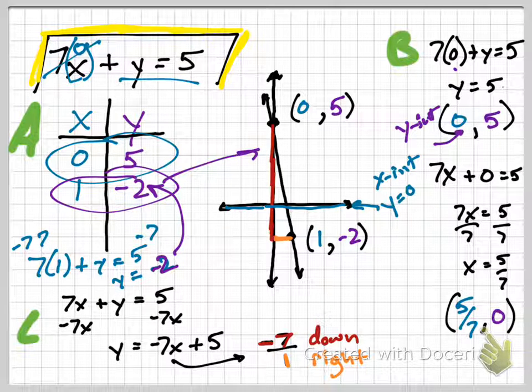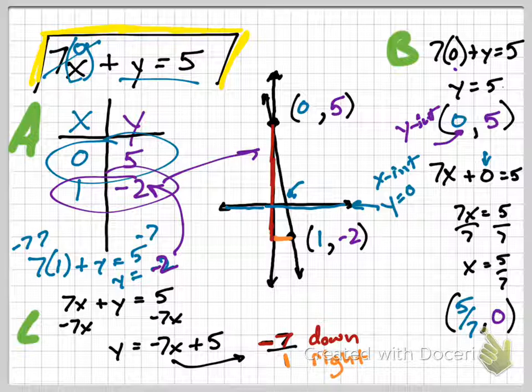So we plug in 0 for y. I'm just now realizing I did those colors backwards, but you get the point. This goes away. We have 7x equals 5. We divide by 7 on both sides, and x is 5 over 7. So the downside here is that it doesn't give us an integer, but that's okay. We can see on the graph that when y is 0, x is almost at 1, 5/7.